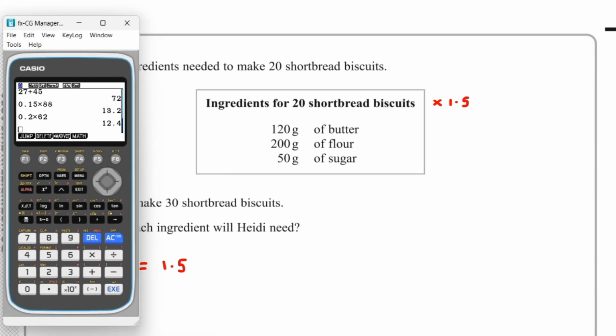So if I do 120 times 1.5, I get 180, so I've got 180 grams of butter. If I do 200 multiplied by 1.5, I get 300, so I've got 300 grams of flour, and if I do 50 multiplied by 1.5, I get 75. So I've got 75 grams of sugar.